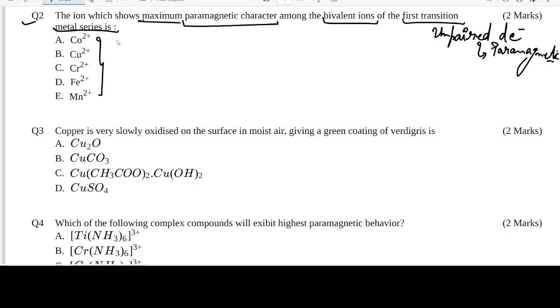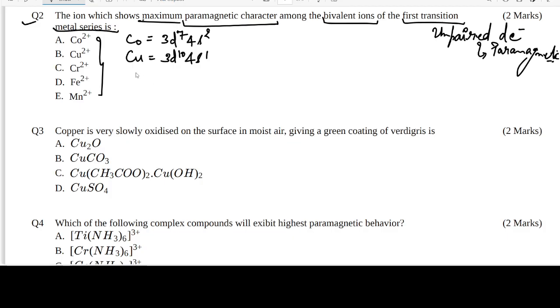First of all, you need to write down the normal electronic configurations. The electronic configuration of cobalt is 3d7 4s2. If you talk about copper, it is 3d10 4s1.